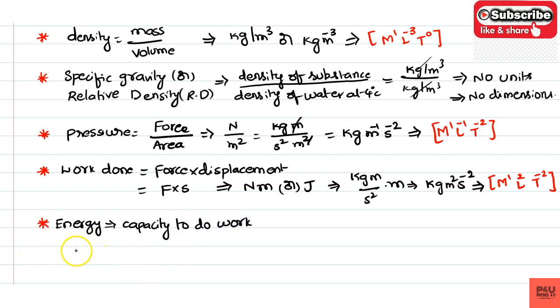So in the case of energy, we'll take the same units and the same dimensional formula as work done. So energy having the same units Newton meter or joule, because in every work done energy will be spent.